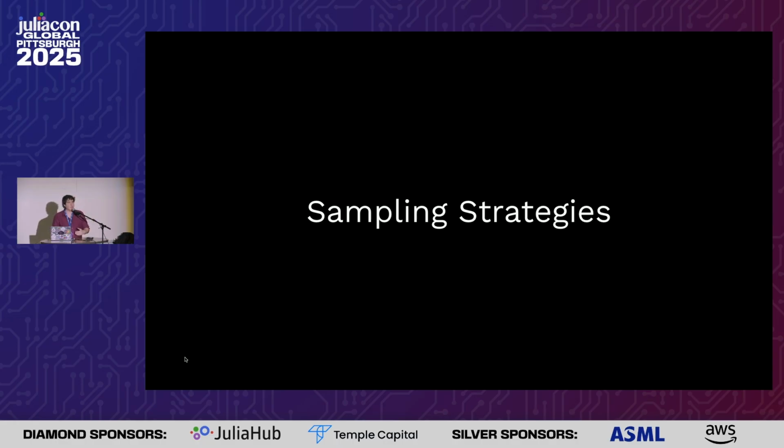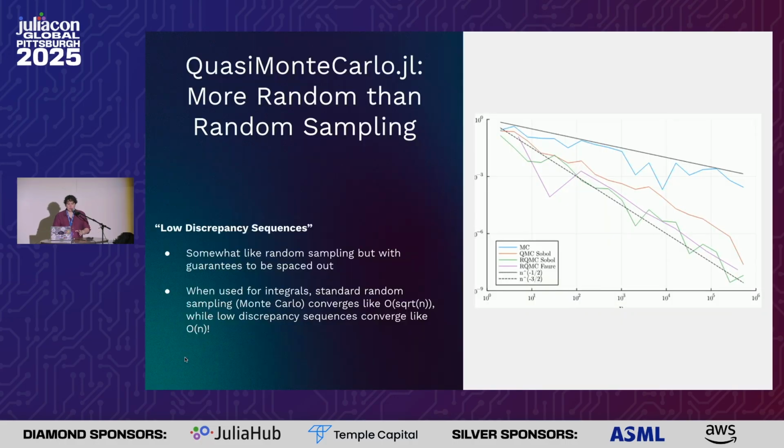You can use some sampling techniques that come from the numerical integration literature, called low discrepancy sequences. It's almost like you're picking random points, but the problem with randomness is that randomness can clump. You can pick random points and they're the same thing. So quasi-Monte Carlo methods are methods to choose random points that space them out more than randomness actually does.